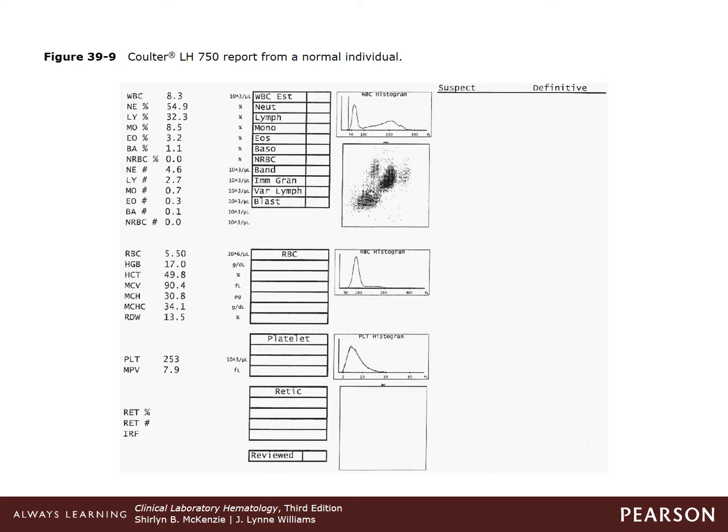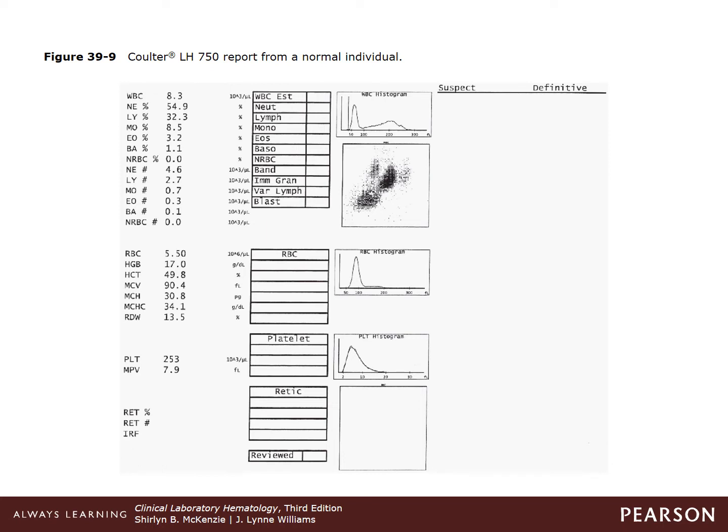Now, there are 5-part absolute counts as well from your relative counts that you need to pay attention to based on the patient condition. So we will be calculating these values ourselves. So from the relative values, you will get your absolute value.